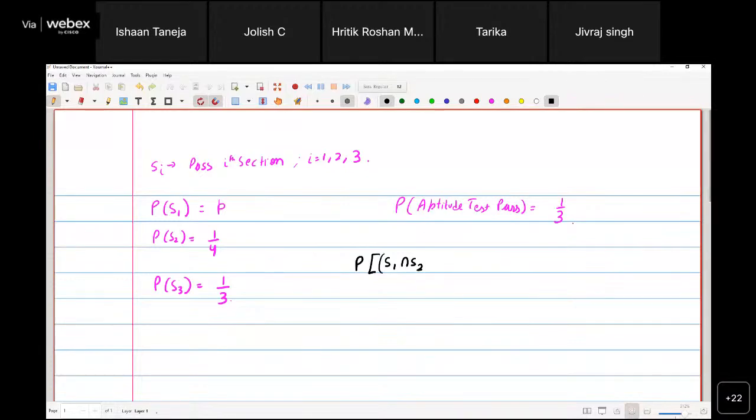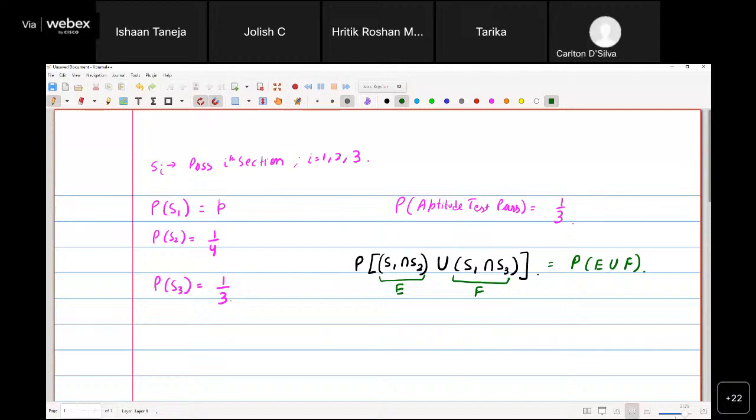If I pass section 1 and section 2, or I pass section 1 and section 3, right? Okay. So for a moment, let's say S1 intersection S2 is your event E and S1 intersection S3 is your event F. So in general, I am finding the probability of E union F, right?